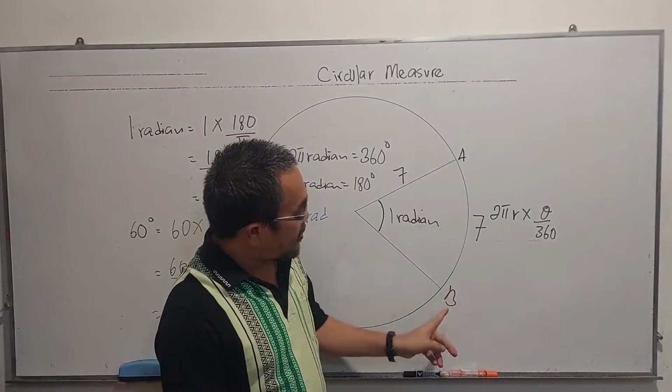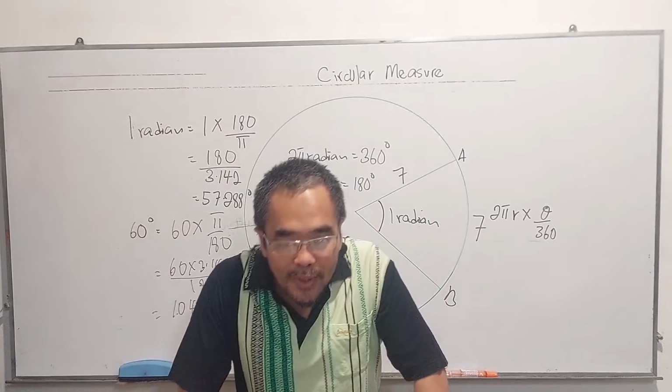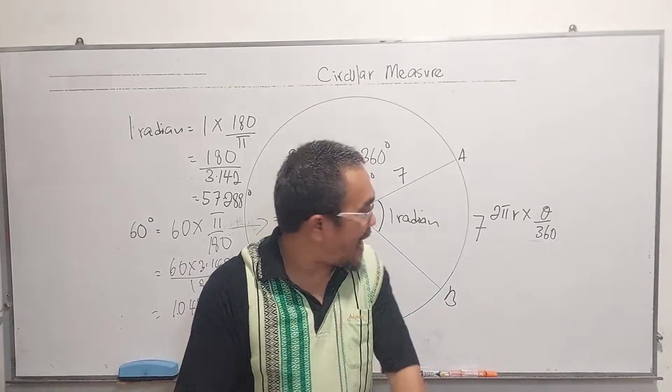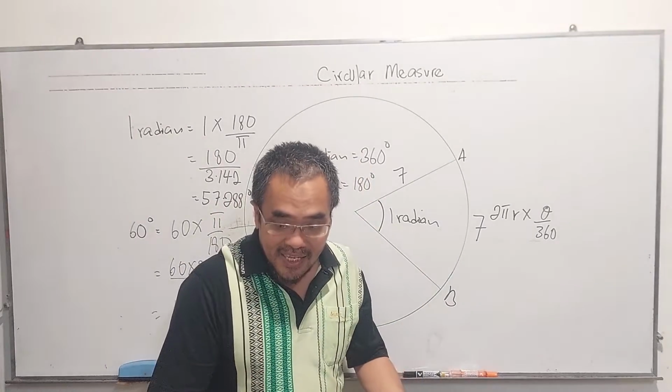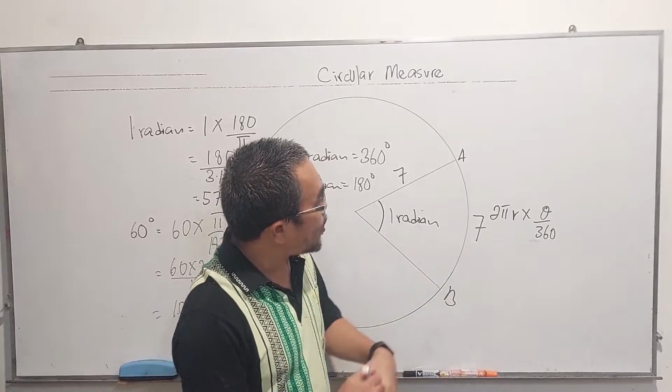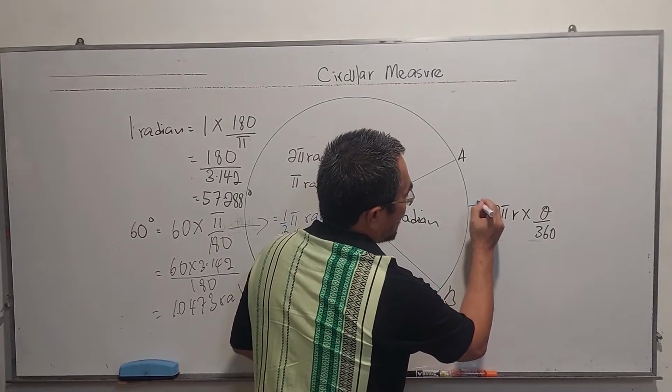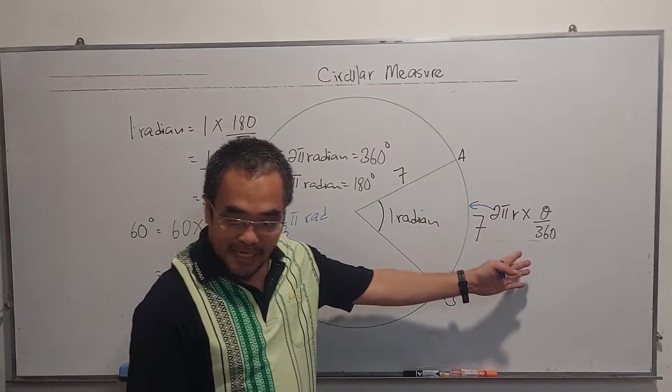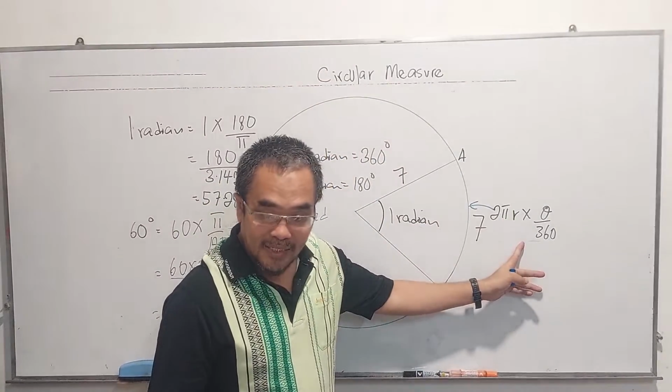So most of the questions, when I try to answer, in case the angle is given in degrees, I'll just use this formula. Okay, if you want to know the length of arc and you know the degree, I will use this.